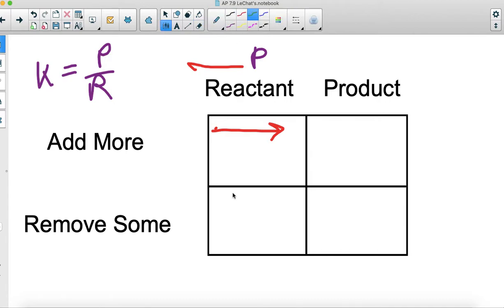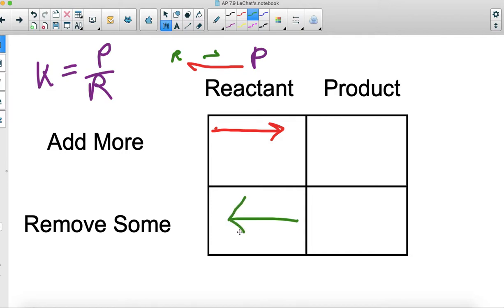If you remove some of the reactant, there's less of those forward reaction happenings, and the backward reaction becomes dominant. I'll draw a little forward reaction. There's a little bit of it happening, but there's more reverse reaction happening, so there's a net drift backwards.